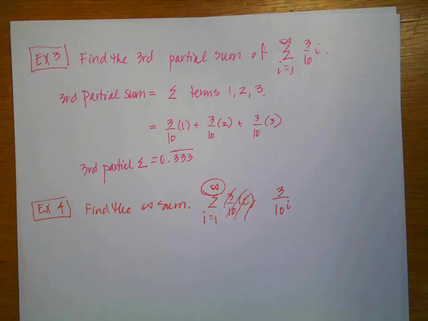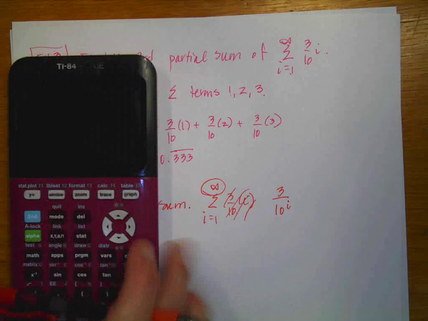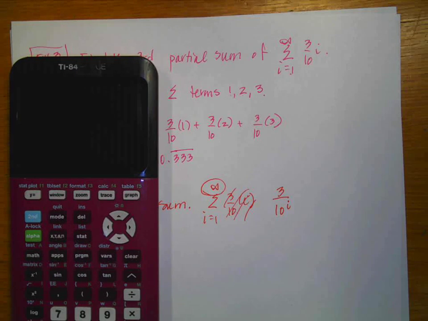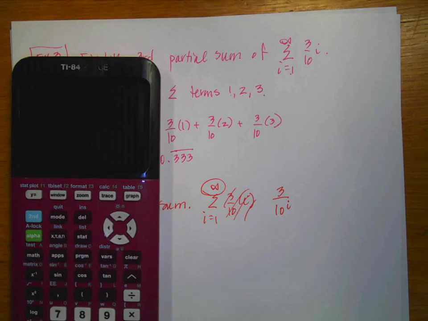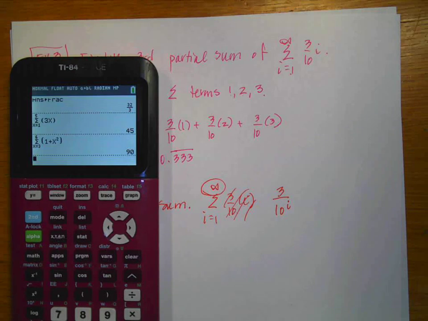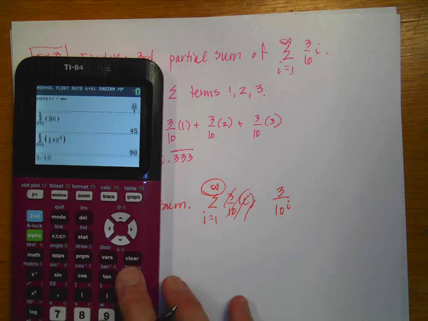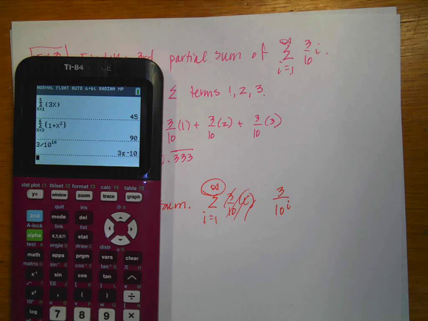So for right now, since we don't have those formulas, I'm going to estimate by using large numbers. I'm going to start by doing 3 divided by 10 raised to the, let's say, 10. And I get 3 times 10 to the negative 10.